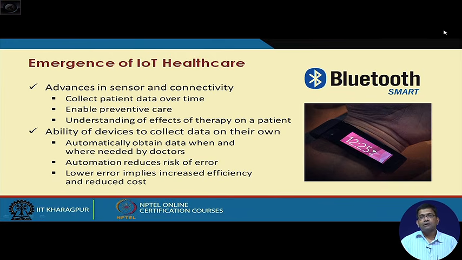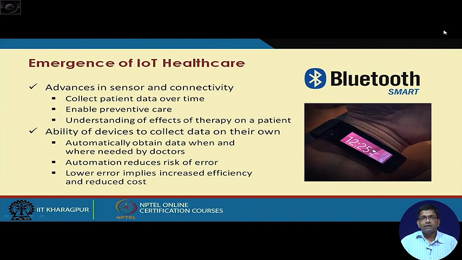So, as you can understand, by automating these things with the help of sensors and connectivity, what we are trying to do is, number one, reduce the manual intervention, that means the continuous attention of the doctors.